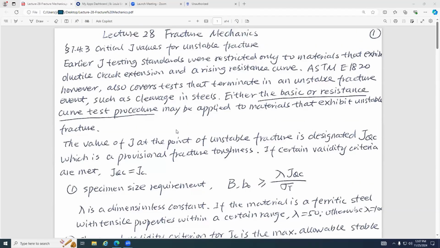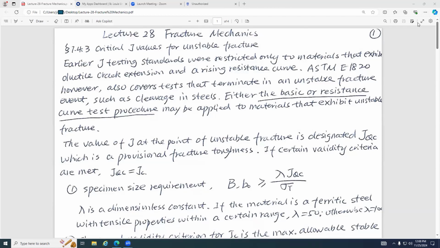Today we continue our talk. The last time we talked about the J-R curve and the testing.